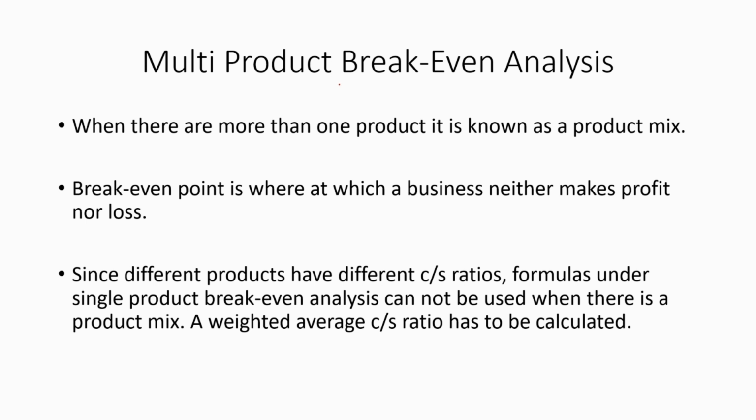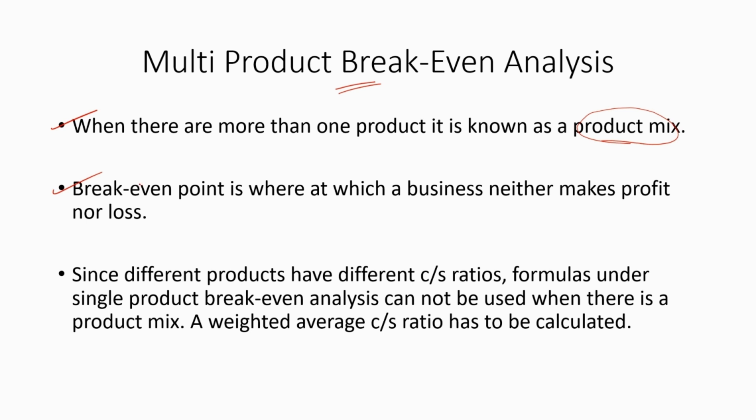Now let's discuss the main topic of this video lesson, which is multi-product break-even analysis. When there is more than one product, it is known as a product mix, which means now the business is selling more than one product at the same time. Break-even point is the point at which a business neither makes profit nor loss.